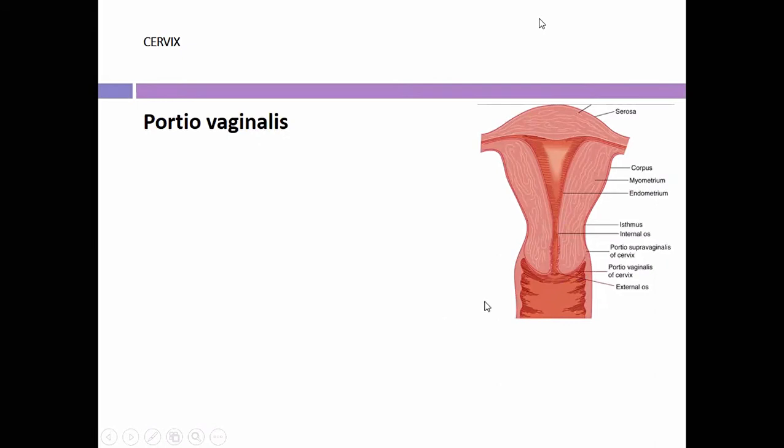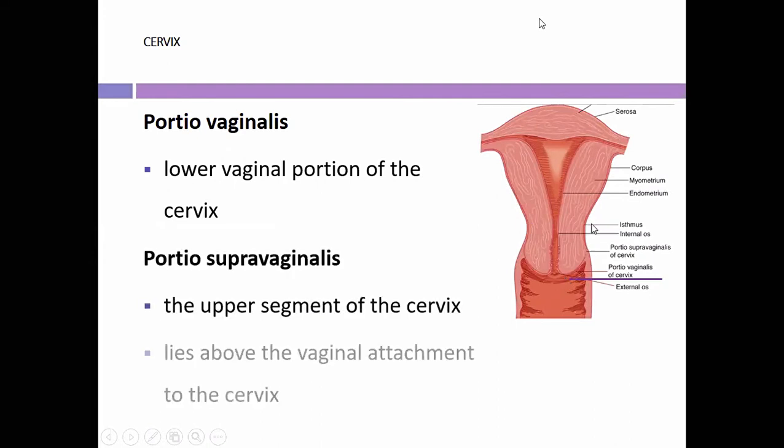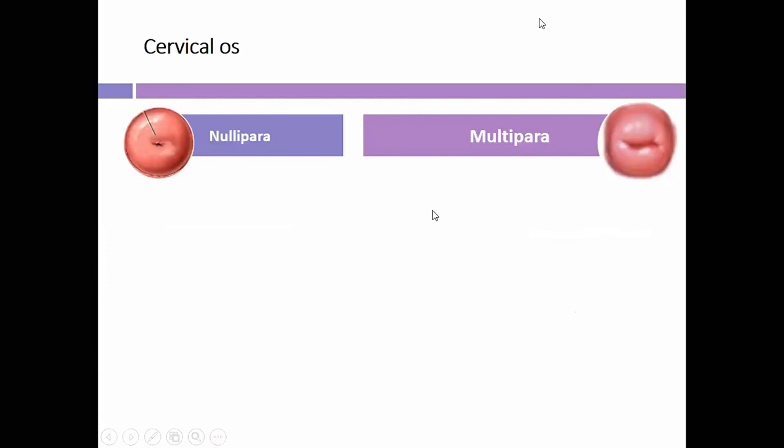The muscle component of the cervix is only around 20%, unlike the body of the uterus. Now there is also the portio vaginalis, which is at the lower portion of the cervix, and the supravaginalis, which is the upper segment of the cervix, which lies near the vaginal area. The opening of the cervix will matter whether the woman has given birth or not. If the woman is nulliparous, it is oval.